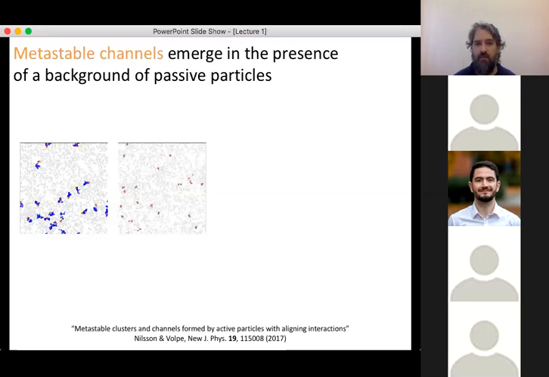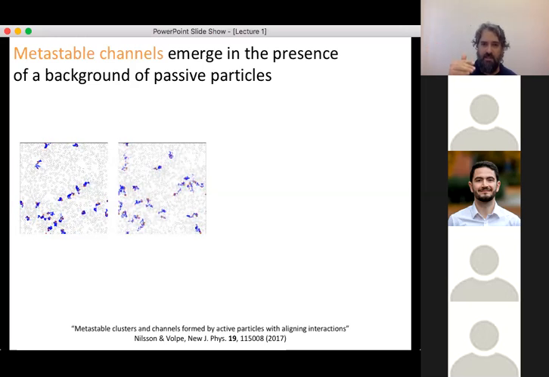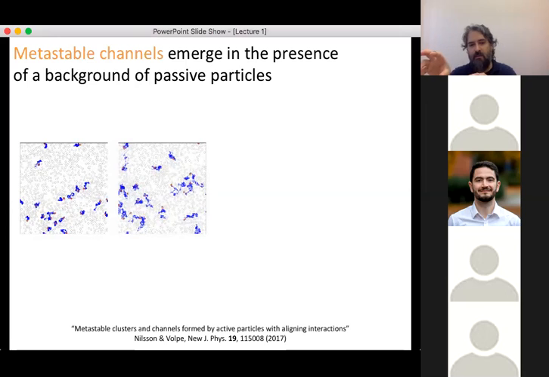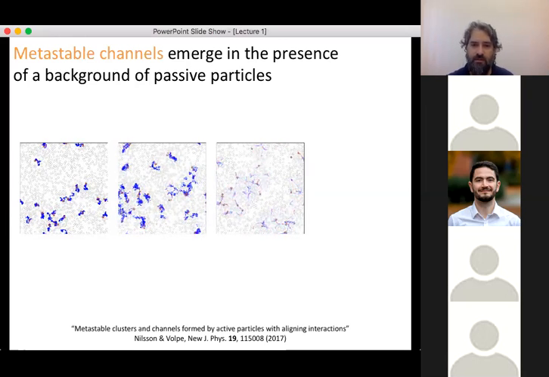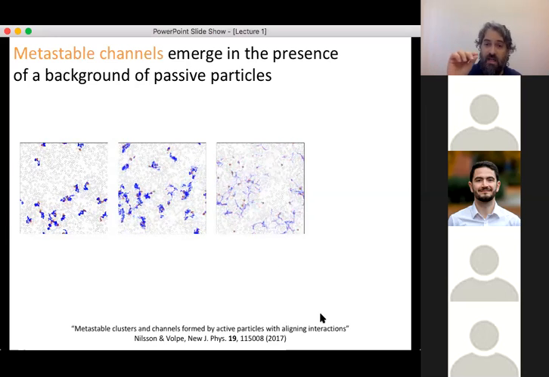As we reduce the amount of rotational diffusion for the active particles, you see that something interesting starts to happen. The active particles start to push away the passive particles, creating a small channel for themselves. So they can go from one well created by one particle to the well created by the next particle. If you reduce it even further, you see that now it starts getting beautiful, because the active particles really create some kind of channels, small proto-channels between the wells.